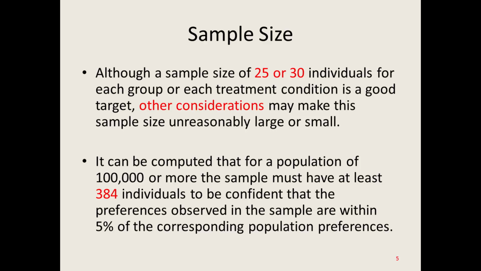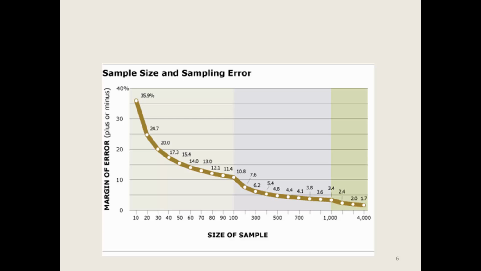There is a magic number that researchers believe is an optimum number for most large-scale research studies, and that number is 384. So in a large-scale research, like a statewide or nationwide research, they say that 384 is a magic number, and the reason is that, as you see in this chart, when you have only 30 or 40 individuals in your sample, the margin of error is about 20%, between 10 and 20%.